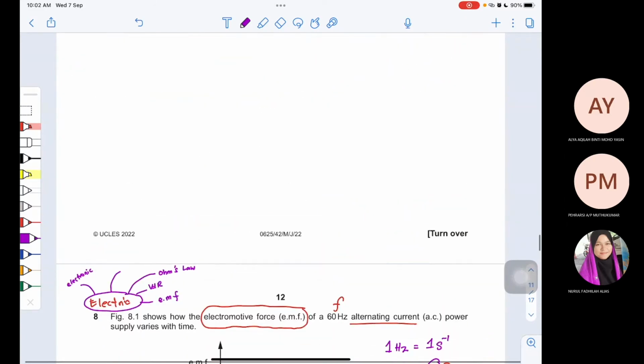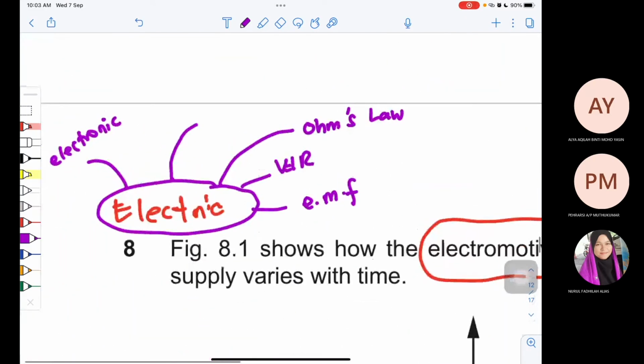Right. So now kita dah masuk tentang charge. Charge symbol dia Q. Okay, formula of charge is Q equals to IT.